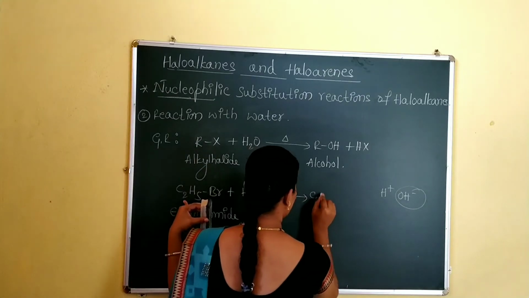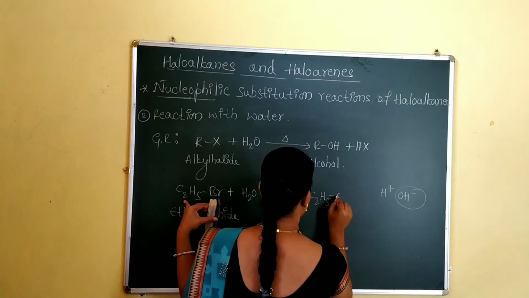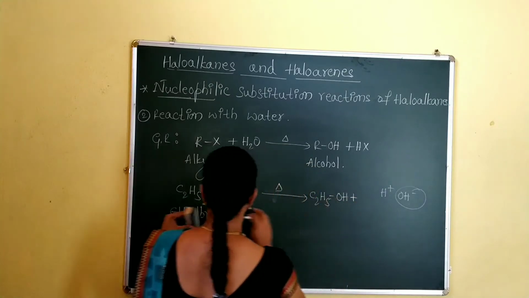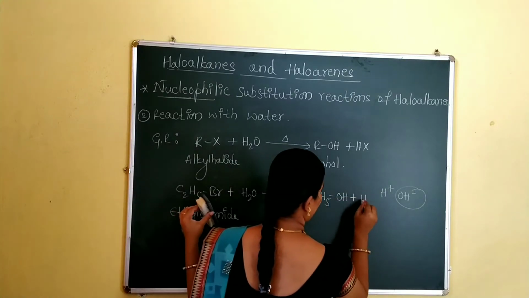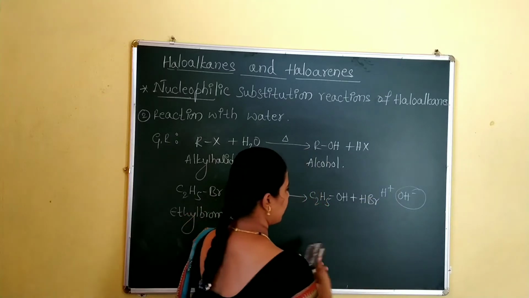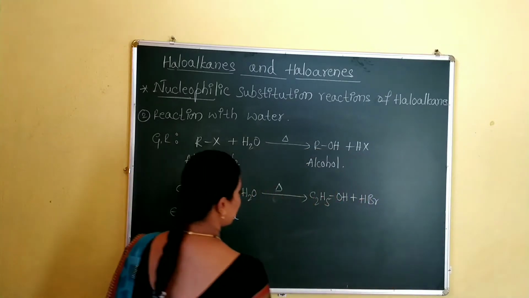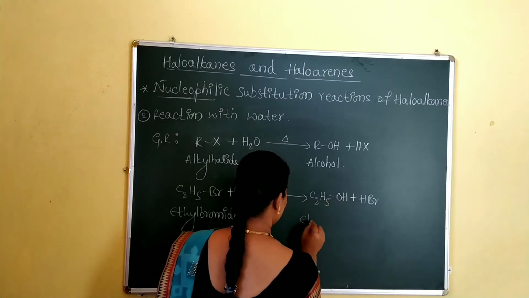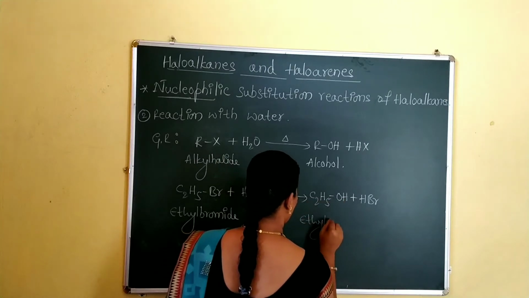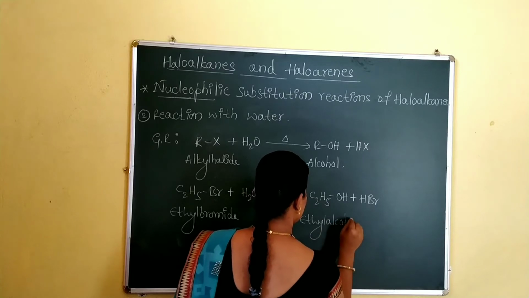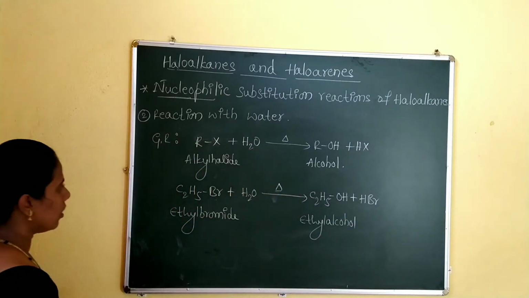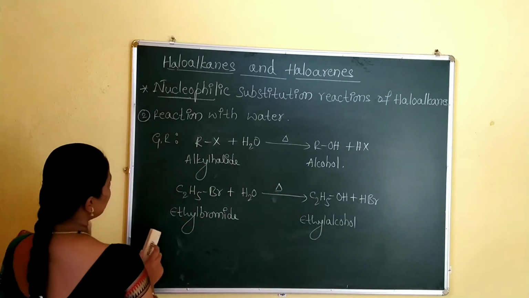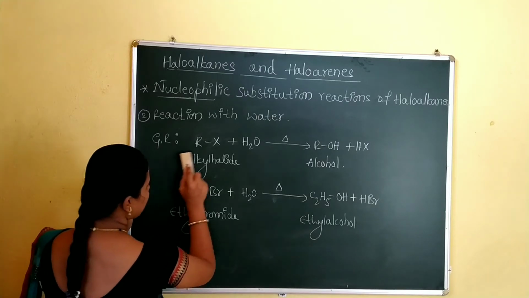Therefore, C2H5OH plus HBr. C2H5OH. This is ethyl alcohol.